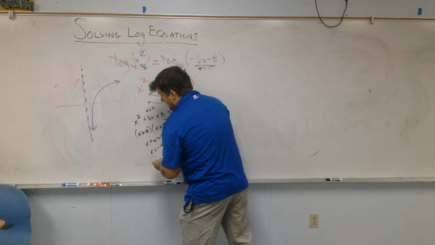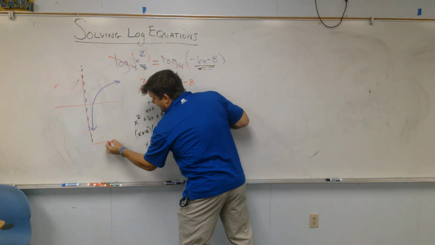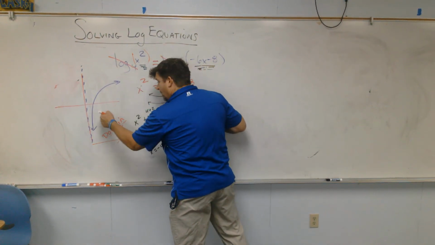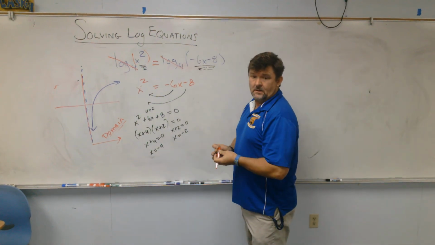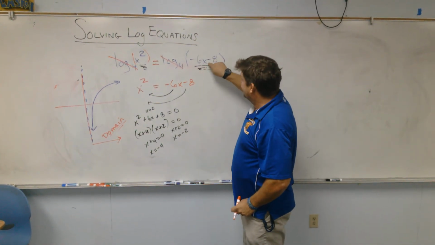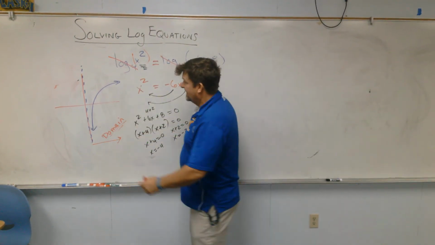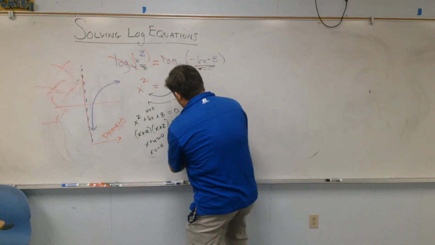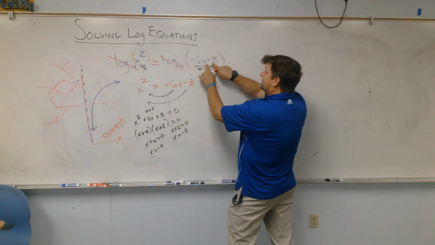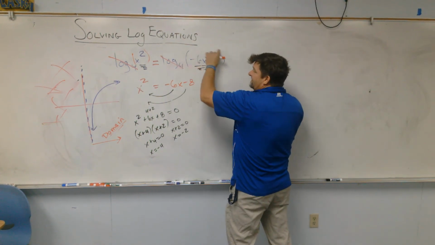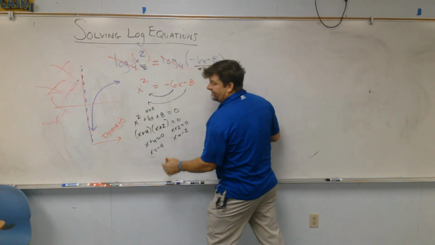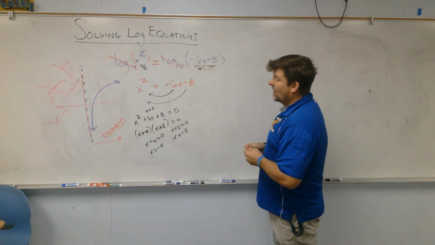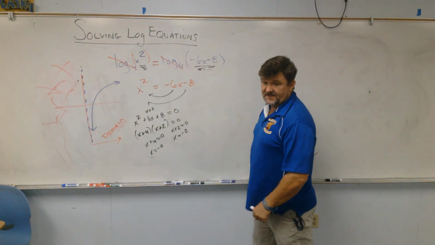This says that my domain is anything over here. That means these are the only numbers that can work, right? That means anything in here has to be positive. This is bad. So when you plug an answer back into here, inside of this has to be positive based on the domain. You always have to protect your domain, okay? Always. That's why some things are not solutions.